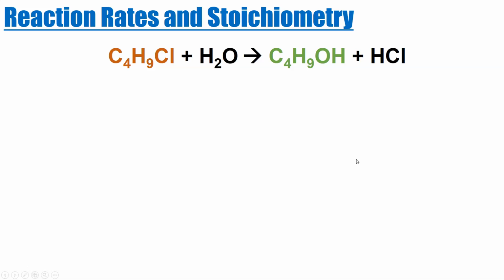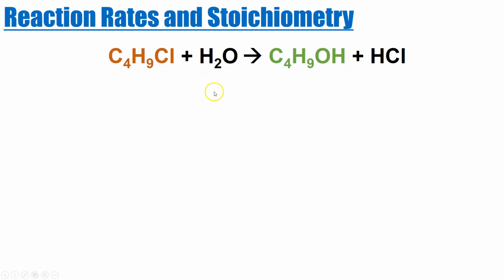Sometimes we want to be comparing the rate of one chemical to the rate of the other to the rate of the overall reaction as a whole. And we can get a little confused in our heads about if we're talking about the rate of disappearance of a reactant, the rate of appearance of a product, or what we call the overall rate of the reaction.